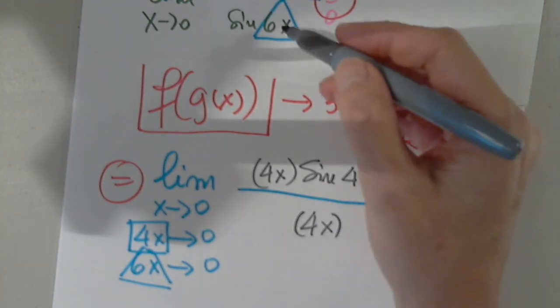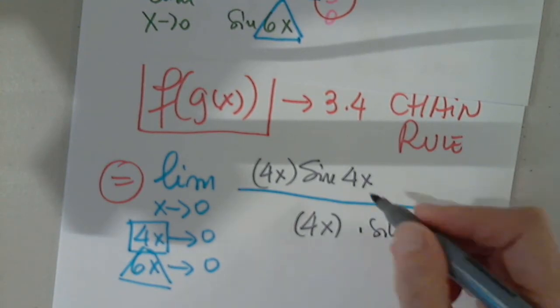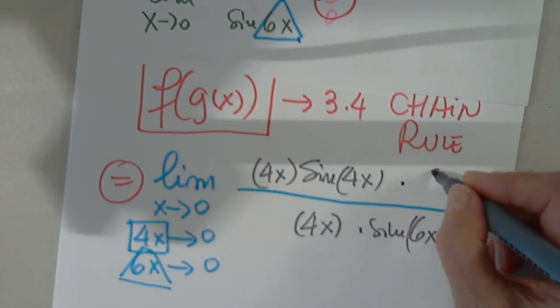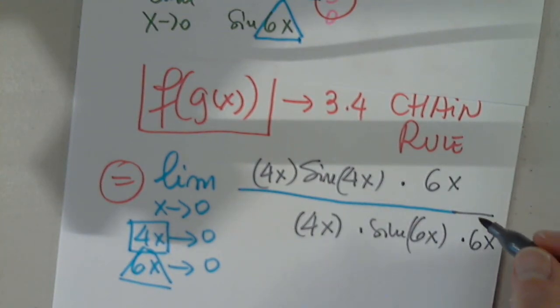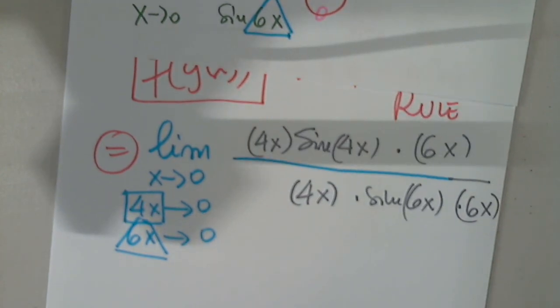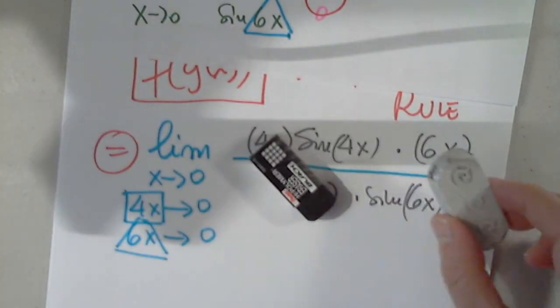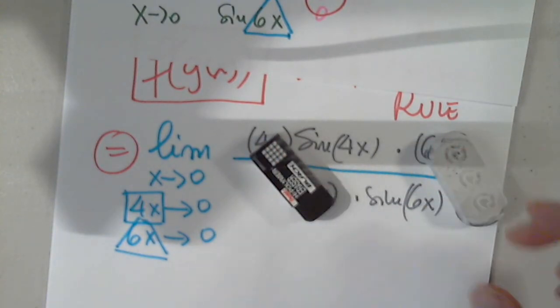No. So then I have sine 6x, and then I multiply the numerator by 6x and the denominator by 6x. If I multiply the numerator by 6x and the denominator by 6x, do I change the function? No, this is 1 and this is 1. I didn't change the function.